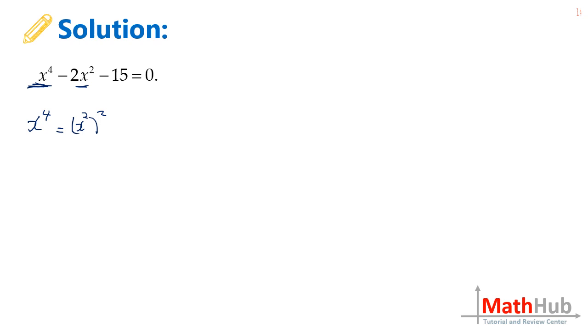Another example would be if you have x to the 6, x cubed, and then a constant. That will tell you that it's quadratic in form. Okay? So how do we proceed? First, let's turn it into a quadratic equation. Let u be equal to the variable with the smaller exponent.